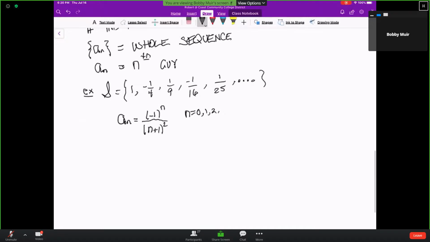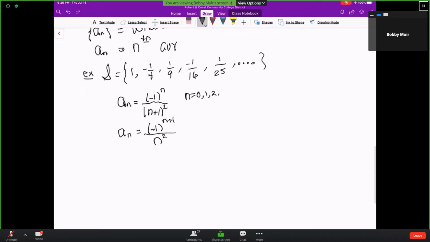Now, if you don't want to start it at 0, you can start it at 1. There are going to be more than one way to do these things, guys, so just be wary of that. I could report A sub n in either one of these ways.